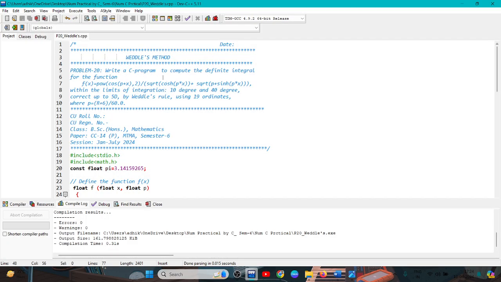Write a C program to compute the definite integral for the function f(x) = cos²(p + x) divided by the square root of cosh(px) plus the square root of (p + sinh(px)), within the limits of integration 10 degrees and 40 degrees, correct up to 5 decimal places by Weddle's rule using 19 ordinates, where p = r + 6/60.